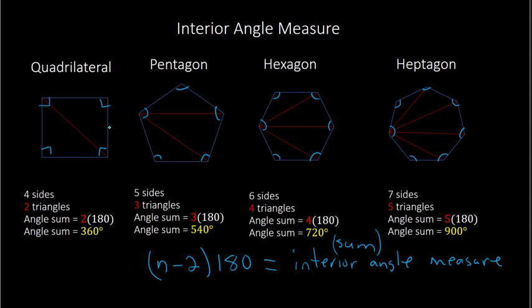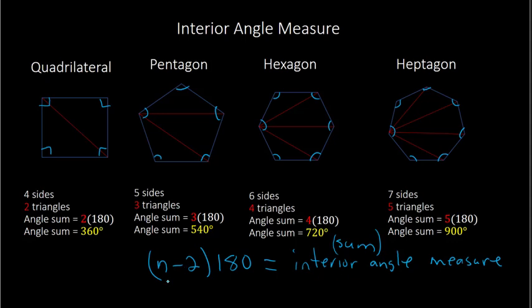So not only with the 4, 5, 6, or 7-sided polygon, but I can use this for, let's say, a 102-sided polygon. If you had a 102-sided polygon, which is crazy, you probably would not see that in real life, but let's say we had a polygon with 102 sides. And our question is, what is the sum of the angle measures?